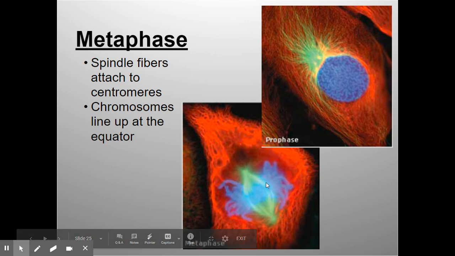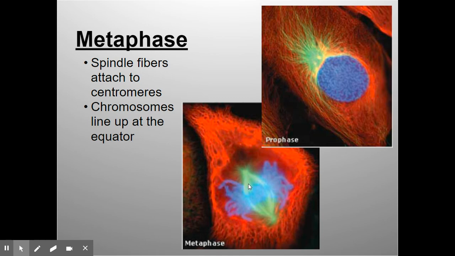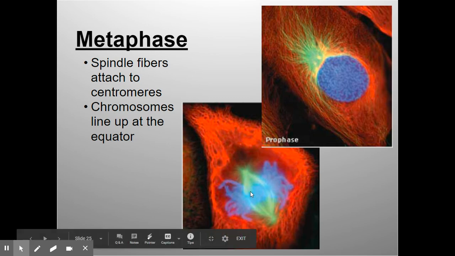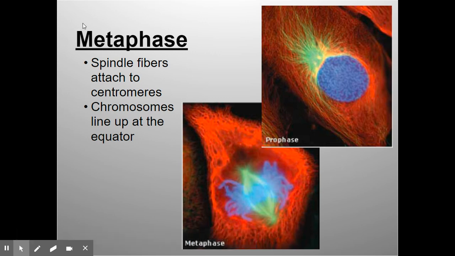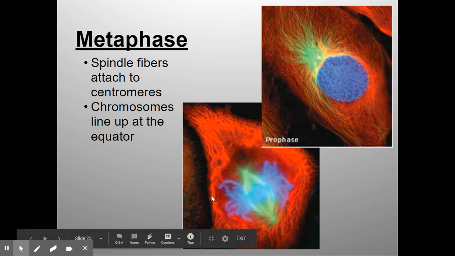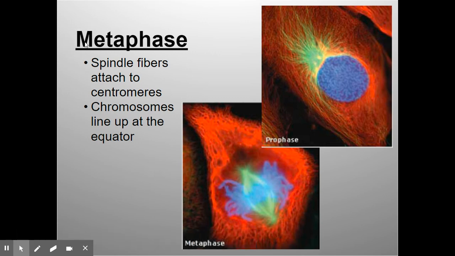You can see your green threads here, which are your spindle fibers, attaching to those blue chromosome centromeres in the middle. That's another reason why metaphase stands for middle, because the chromosomes line up in the middle of the cell. Okay, metaphase, middle.